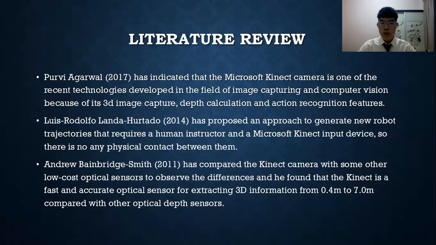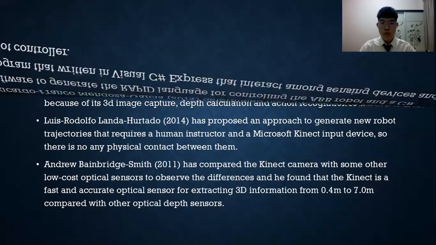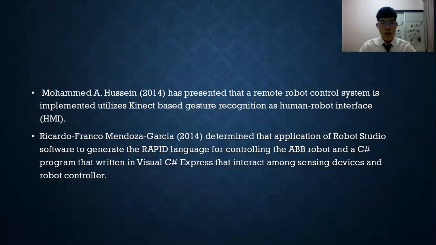Andrew Bainbridge Smith 2011 has compared the Kinect camera with some other low-cost optical sensors, and he found that the Kinect is a fast and accurate optical sensor for extracting 3D information from 0.4 meter to 7 meter compared with other optical depth sensors. Mohammad A. Hussein 2014 has presented a remote robot control system that utilizes Kinect-based gesture recognition as the human-robot interface.